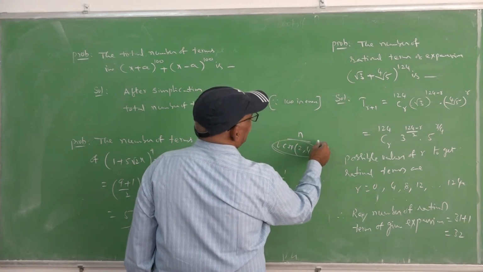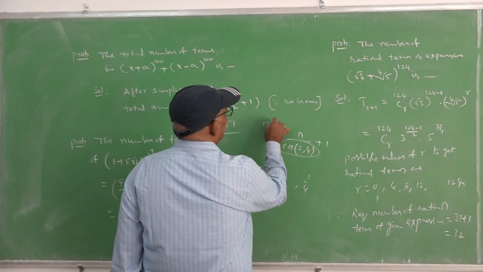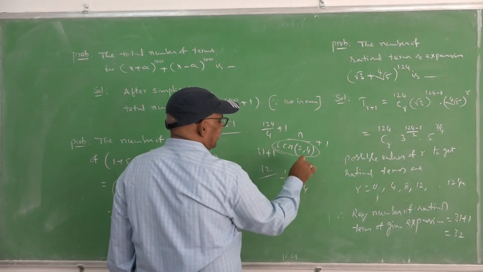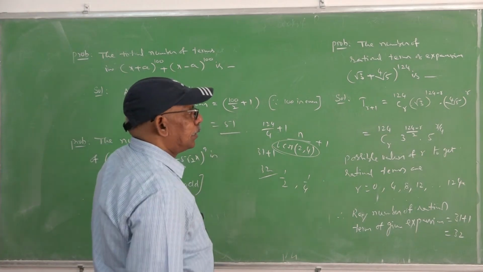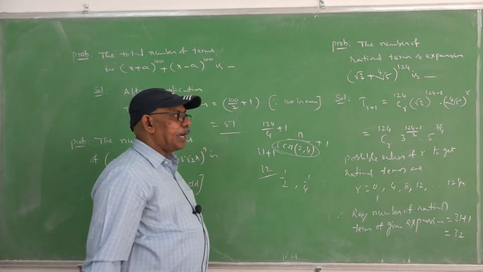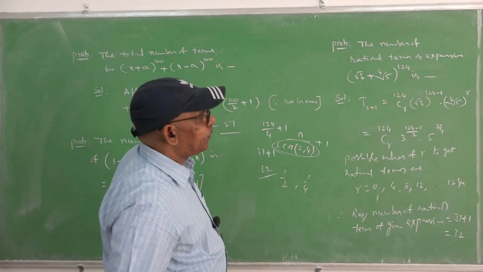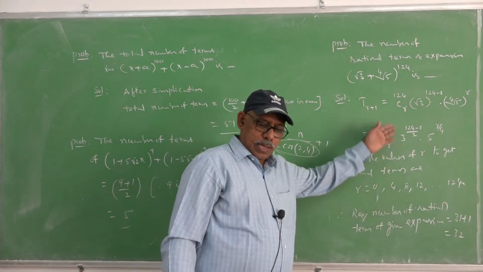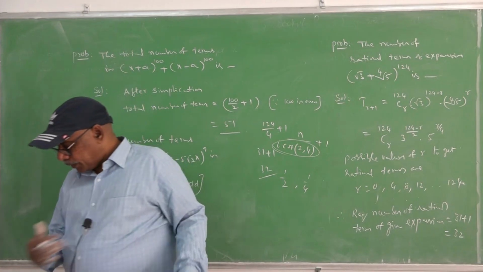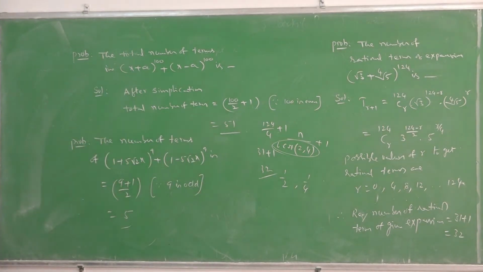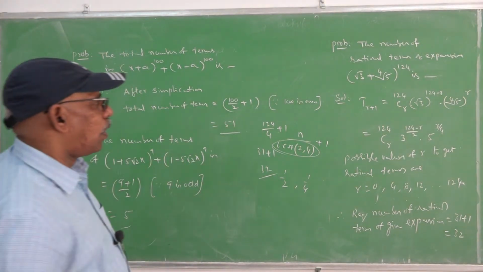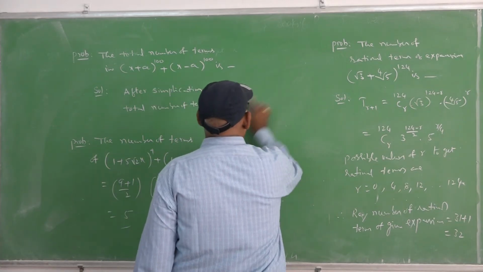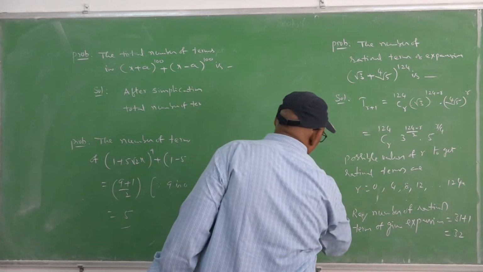So n divided by LCM plus 1: 124/4 plus 1, that is 31 plus 1, 32. That is the way of getting the total number of rational terms in the expansion. Otherwise, you can observe the general term and find for what values of r we get integer powers.